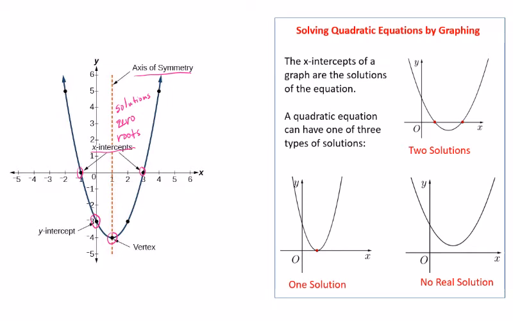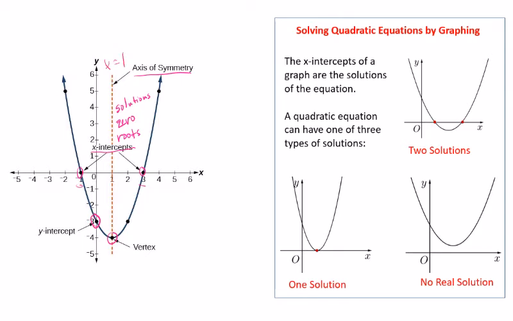Now, remember that this is just a specific example of what a parabola looks like, right? Where our y-intercept happens to be -3, and we have x-intercepts of -1 and 3, and so forth, right? Axis of symmetry is x equals 1, right?